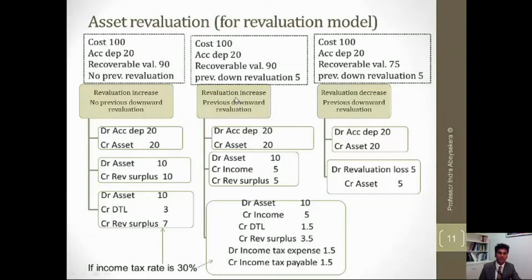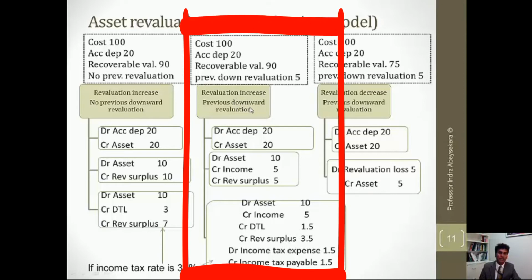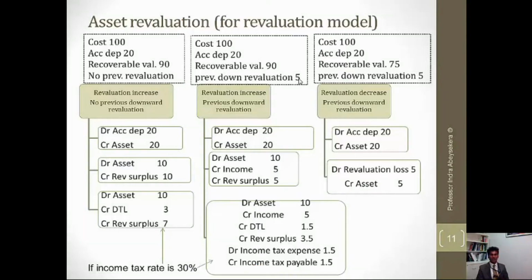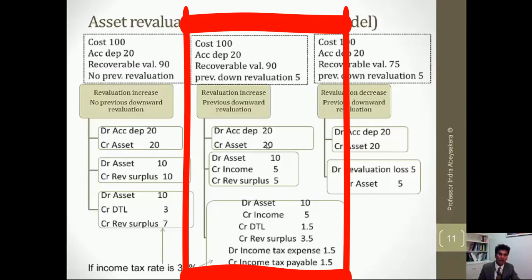Let's take a revaluation increase where there was a previous downward revaluation of 5. That downward revaluation, when there is no revaluation surplus, will be shown in the income statement as a loss in revaluation. So the first step, we reverse the accumulated depreciation into the cost account, and then we look at the asset here.